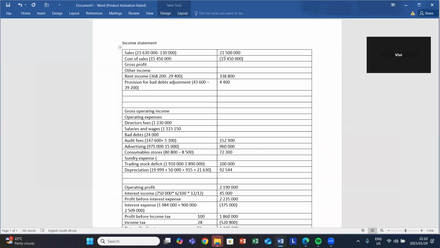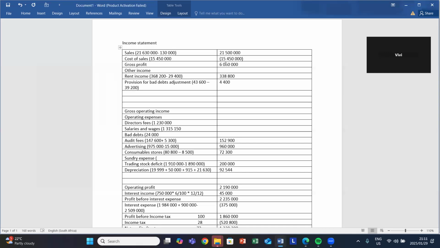Please confirm sales: is it 21,500,000? Yes. So let's minus cost of sales from sales. 21,500,000 minus 15,150,000, and then we get 6,350,000.